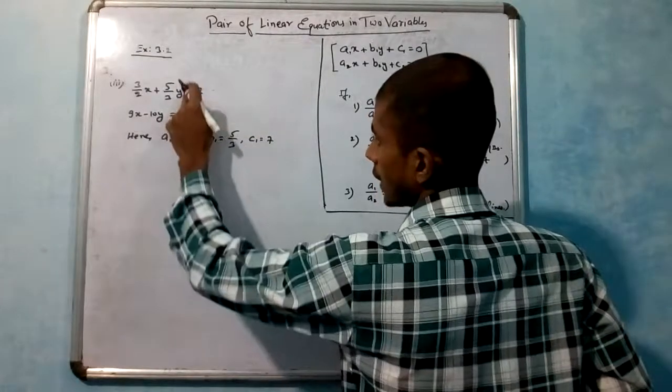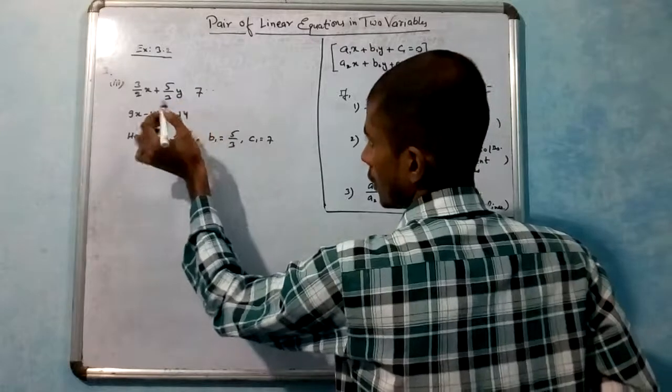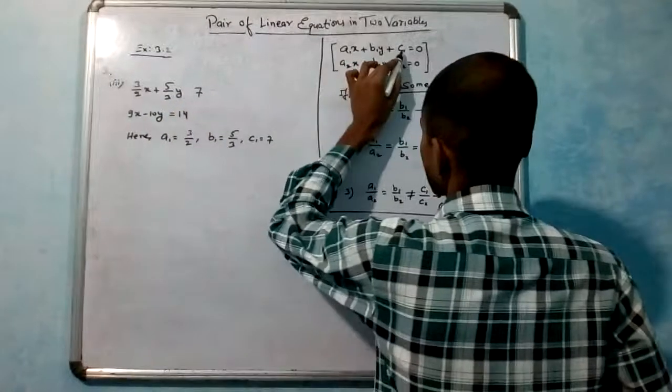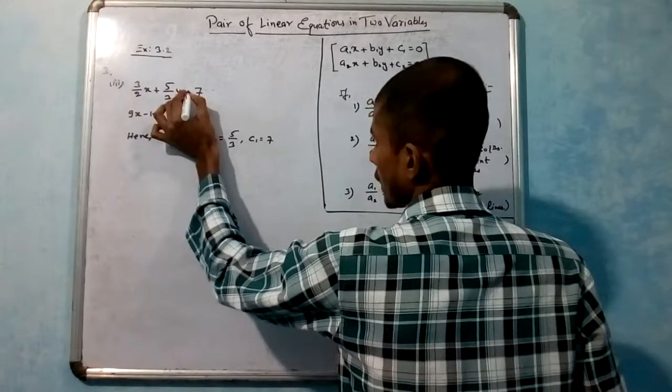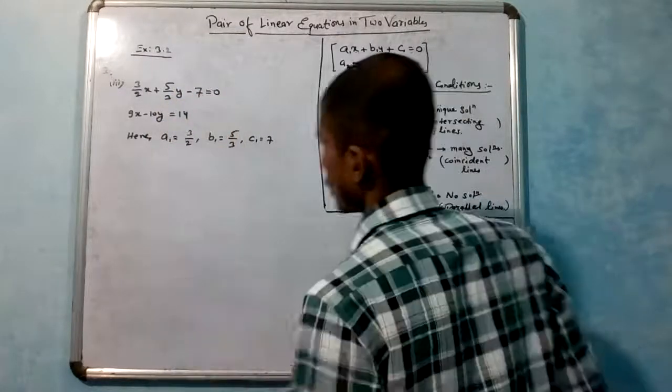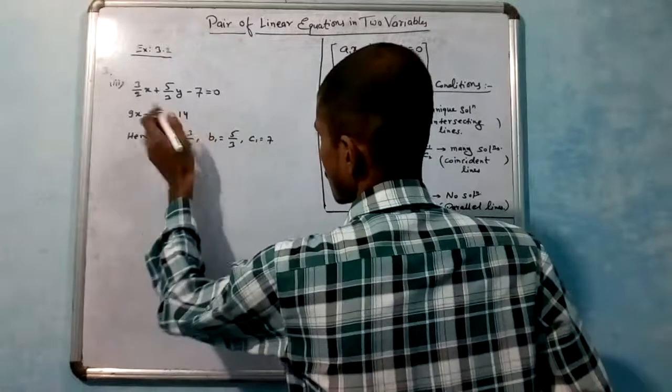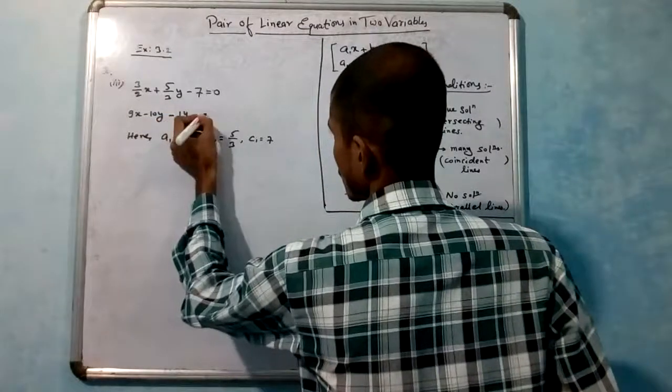Okay, even if we bring that side it will be good. That is the standard format, constant this side. So if we bring this side it will become minus 7 is equal to 0, and if we bring this also this side it will become minus 14 is equal to 0.